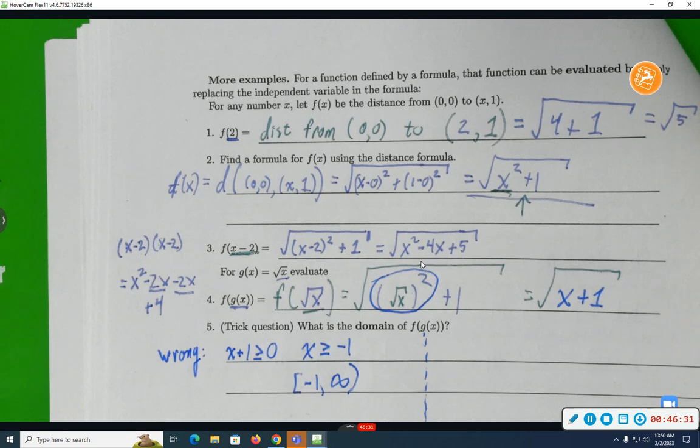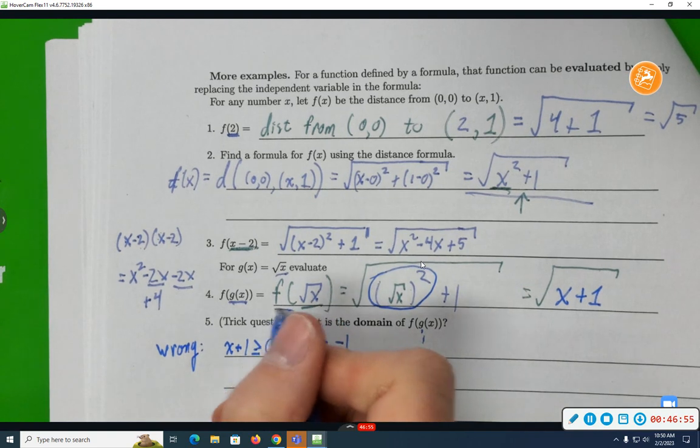Does anyone at a glance see what is wrong right now with that as the answer? Yeah. Can't have -1 included. Why not? No, you are right, for a different reason than that. Let's think about what the original instructions were.